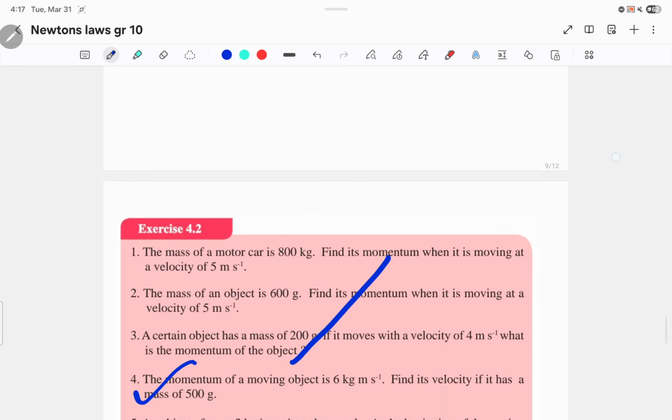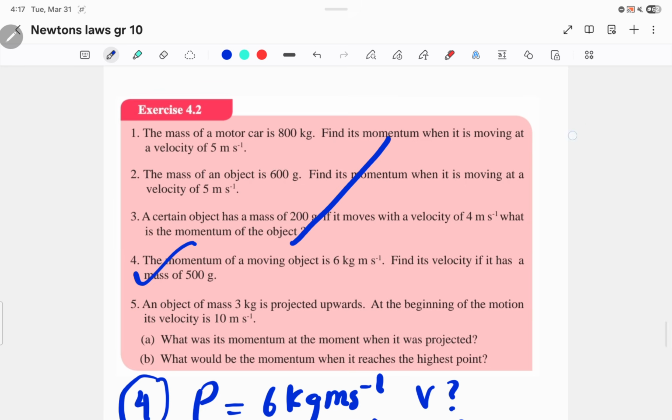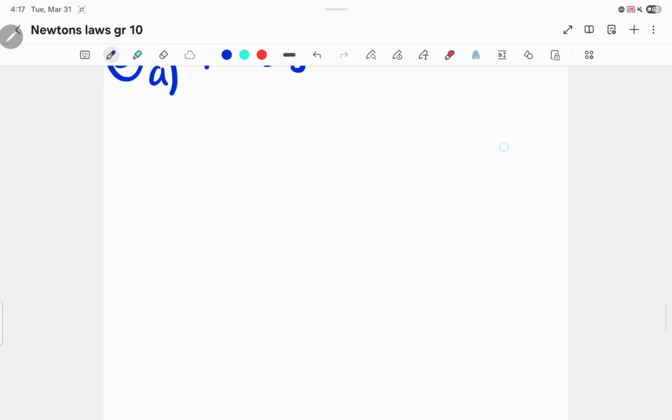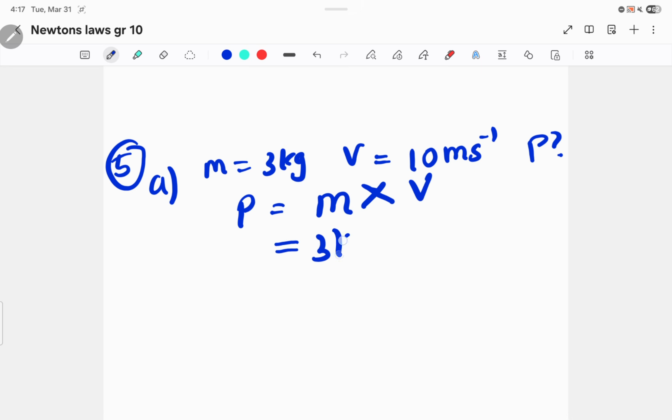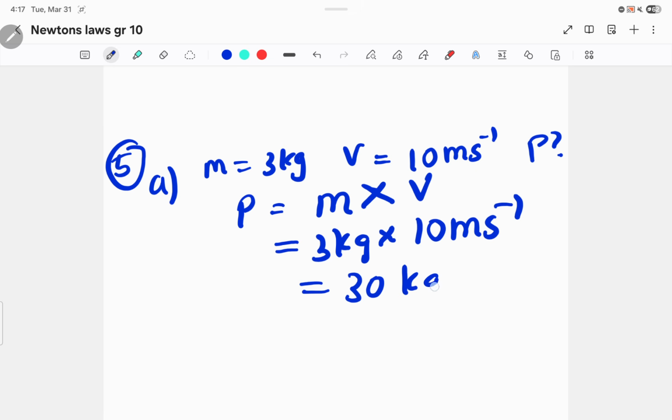Velocity is 10. Asking about the momentum. Asking P. So P equals m into v. 3 kg, 10, 30 kg m s^-1.